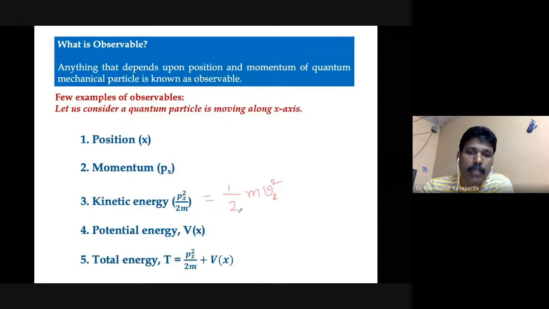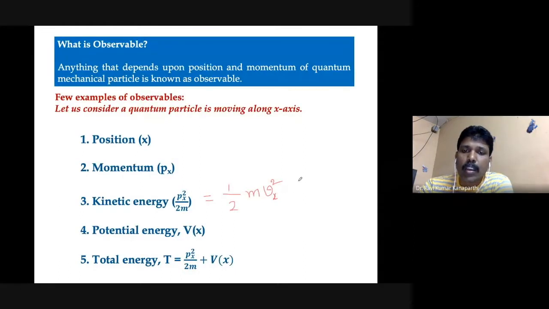How has this come? Basically, you can multiply the numerator and denominator with m. When you multiply the numerator and denominator with m, the net result doesn't change.